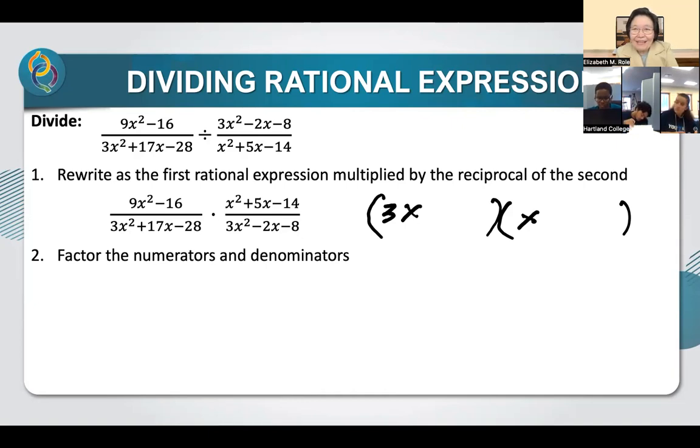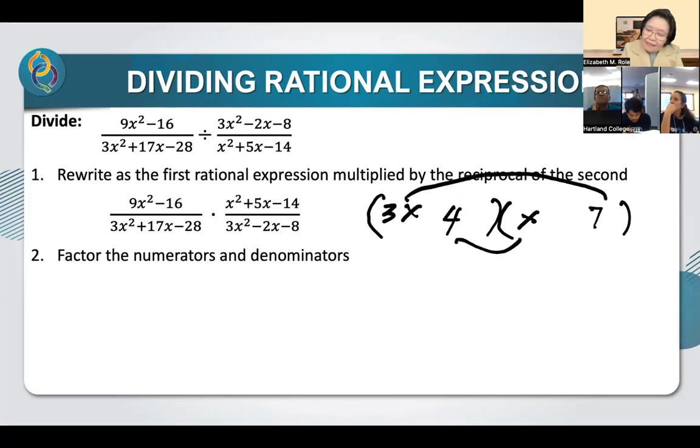Just for practice, you're factoring by grouping. Yeah, because if I were the one, I would just deal with factors of 28, which can be 7 and 4. If I were the one to do that, I would put a 7 here and a 4 here, so that when I multiply, I will get 17x.